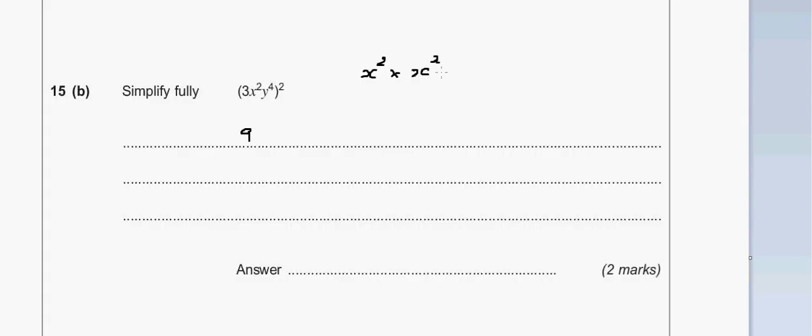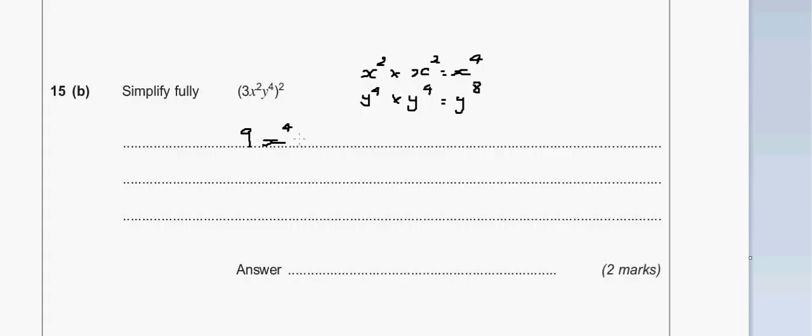And remember, if we multiply these numbers with exponents, we add the exponents. So we get x to the 4. And then y to the 4 multiplied by y to the 4 means we add these together, so we get y to the 8.